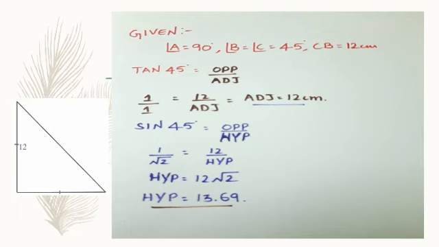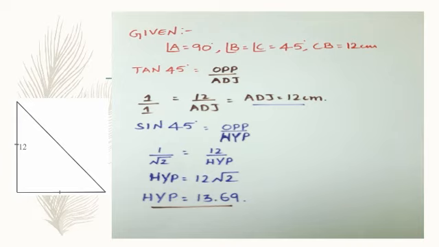Now we have to calculate the hypotenuse side. To calculate the hypotenuse side, we have to take the sine ratio. What is the sine ratio? It is the ratio between opposite and hypotenuse. That is sine 45 degrees is equal to opposite by hypotenuse. So the value of sine 45 is 1 by root 2. 1 by root 2 is equal to 12 divided by hypotenuse.